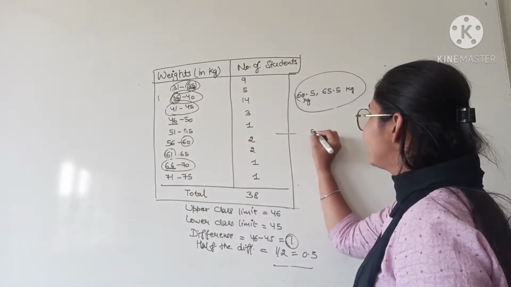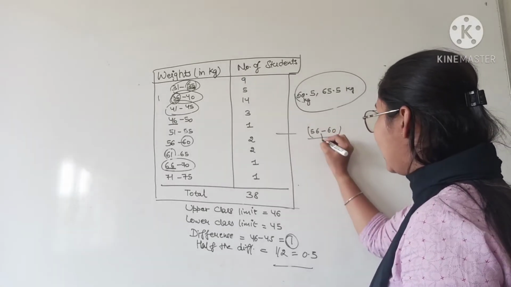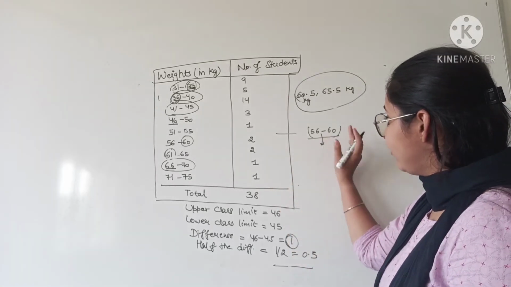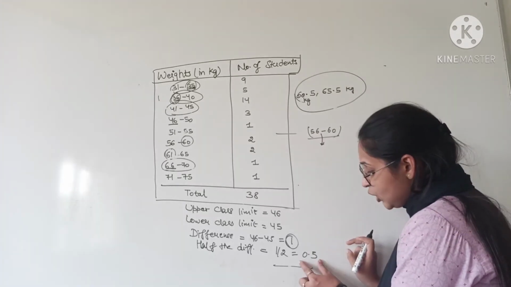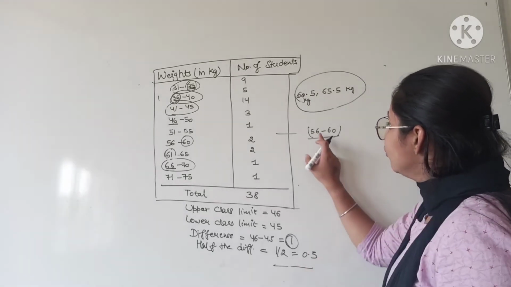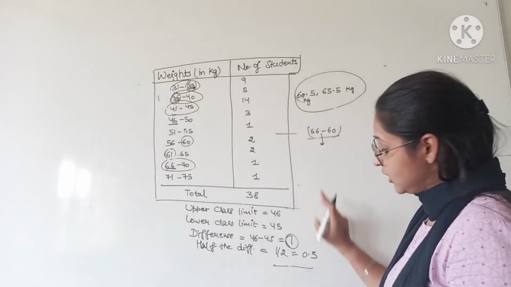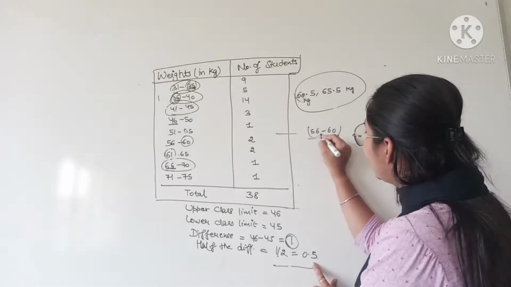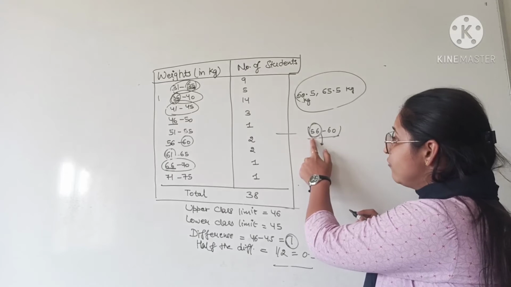If I am taking 56 to 60, then the new interval after changing this table into overlapping will become as follows. First of all, this difference is 0.5. So, you will subtract this 0.5, that is the difference, from the lower class limit, and the lower class limit is 56.